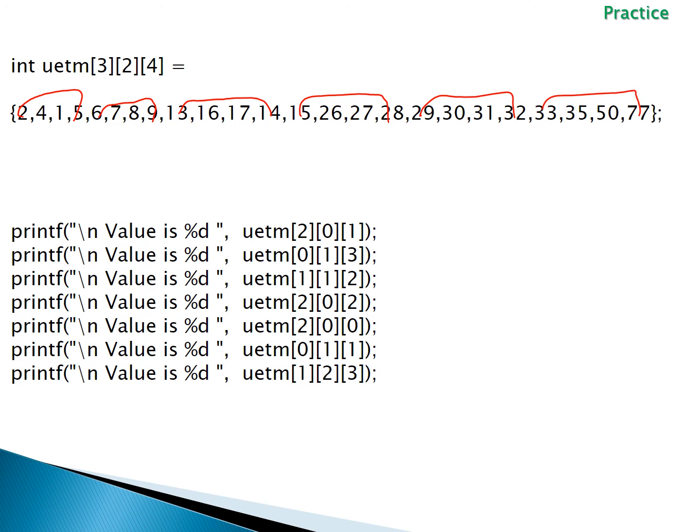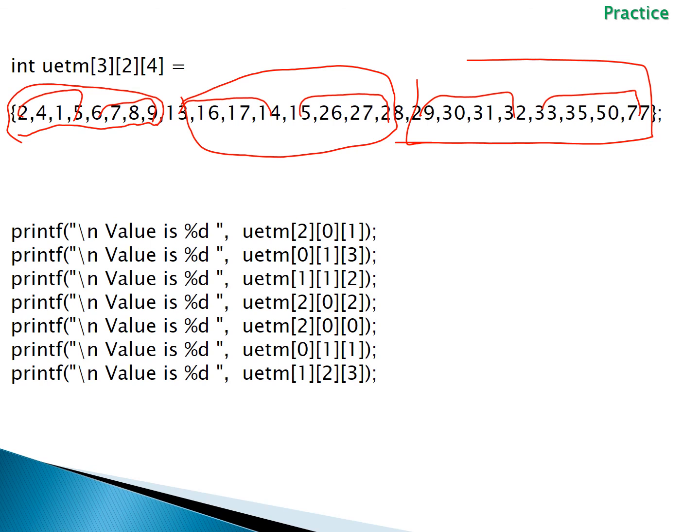Now we need to divide into three because we have three two-dimensional arrays. So this is the first one, this is the second one, and this is the third one. So the index of these is 0, 1 and 2.